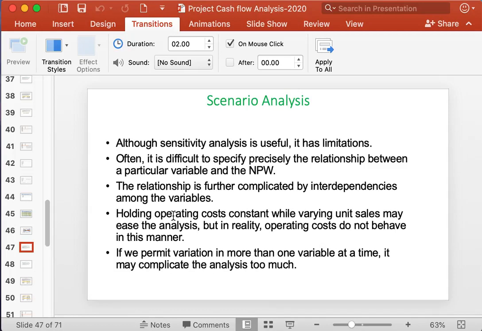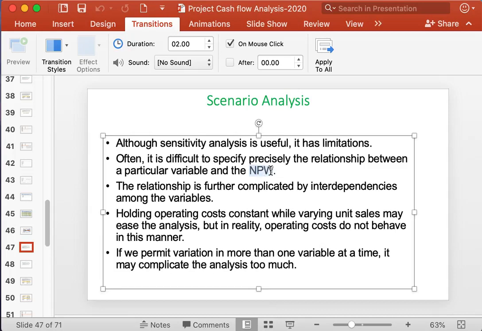So with sensitivity analysis, what we are assuming is that only one of the variables will change by a certain amount, and with that assumption we have calculated net present worth. But in reality, that may happen very rarely, and in most cases all the key variables might change simultaneously.